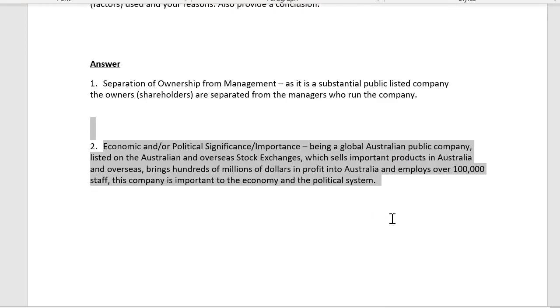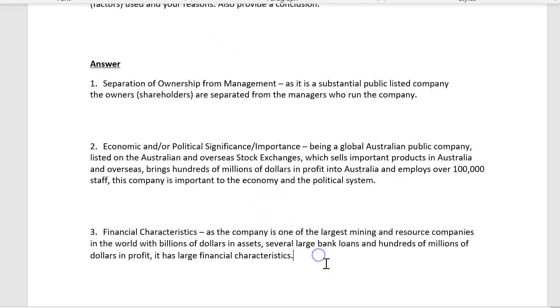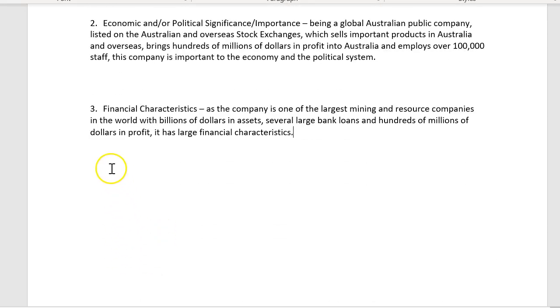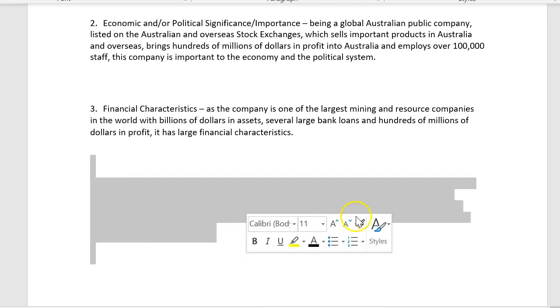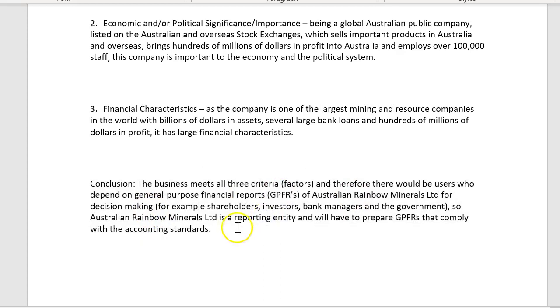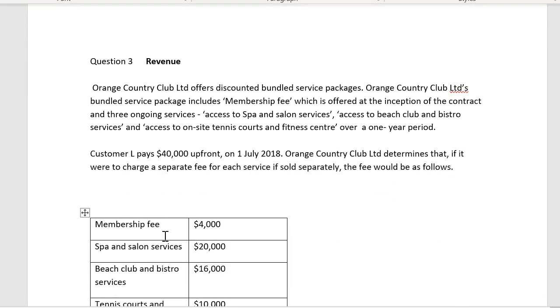So it's important for the economy, and it has sizable financial assets, loans, turnover, and profits. So it appears to meet all 3 criteria, which means it is a reporting entity and it is required to prepare general purpose financial reports in accordance with accounting standards. All right, let's move on to the next question.